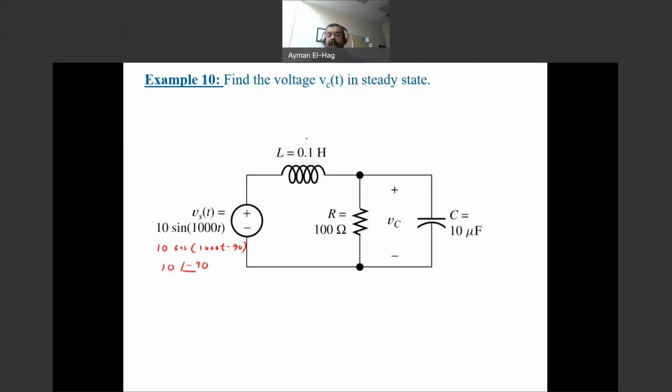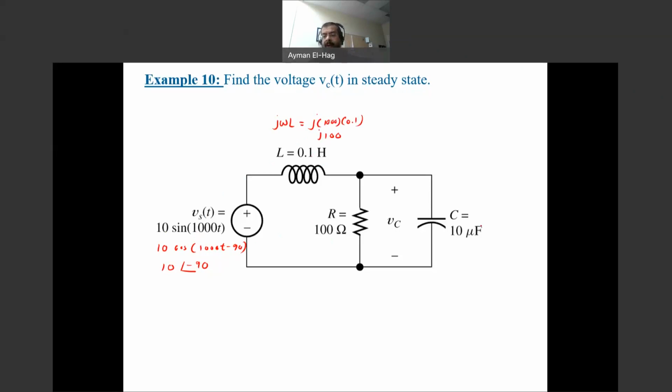Then we need to change the inductor to j omega L, which is j times omega. Omega is the frequency which is dictated by the source. So this is j times 1000 times 0.1, which is j100. The resistance, as usual, we don't touch.